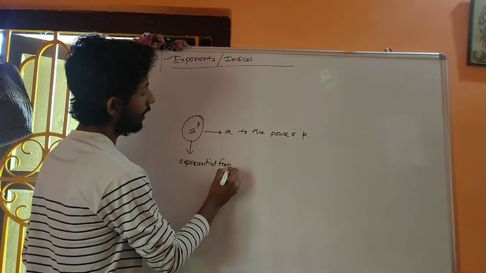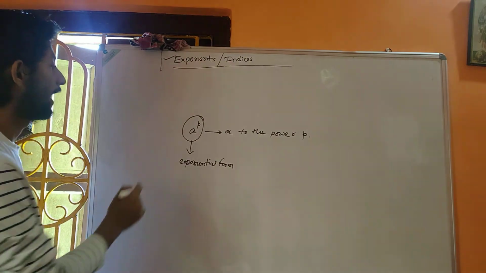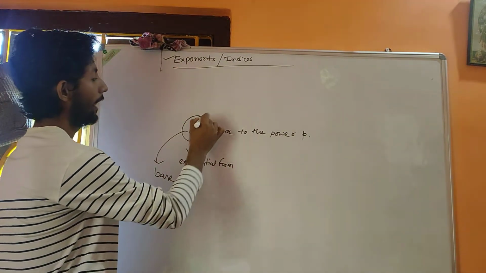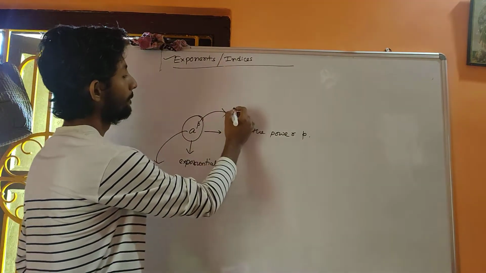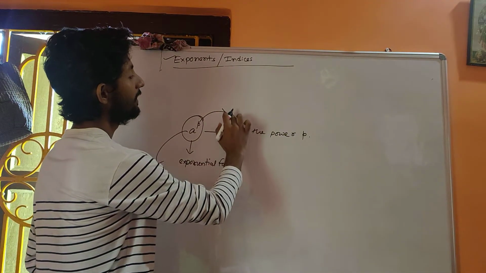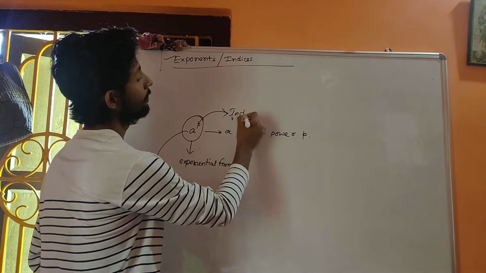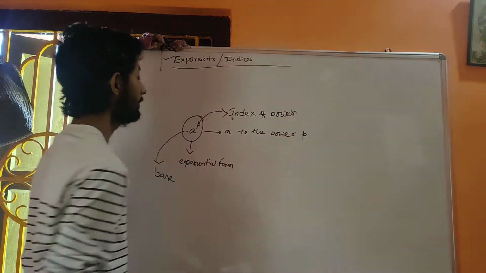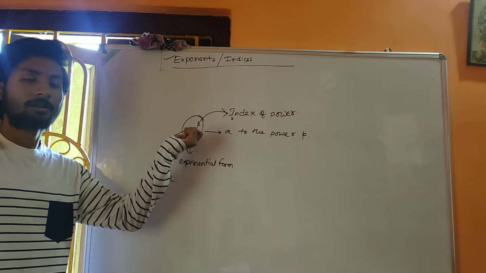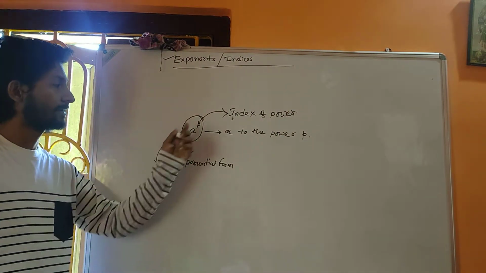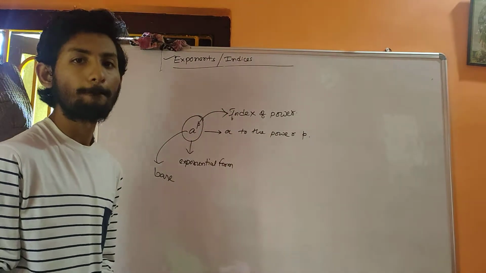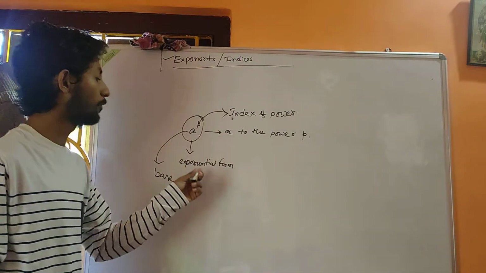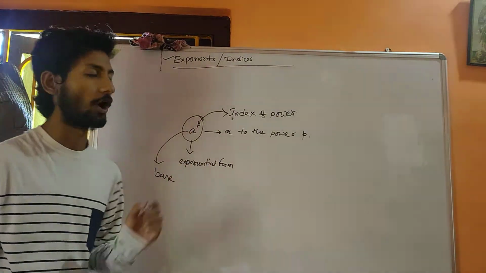Here a is called the base and p is called the index or power. Okay, so a is the base, p is the index or power, and the whole portion is called exponential form.